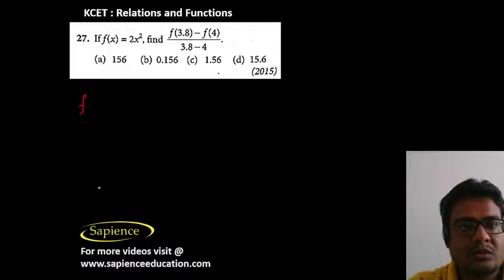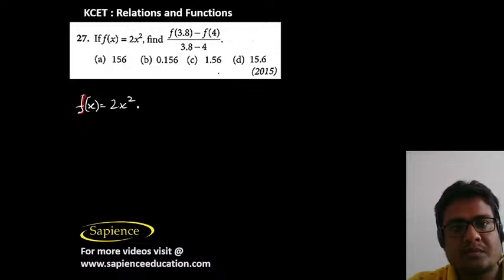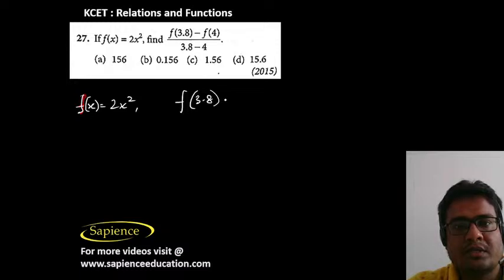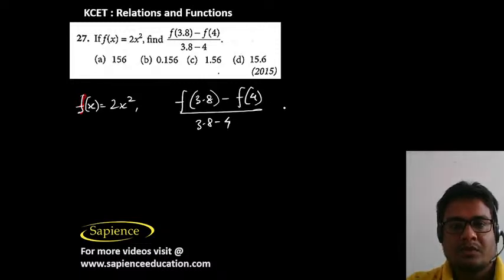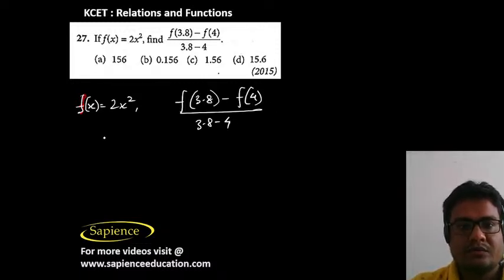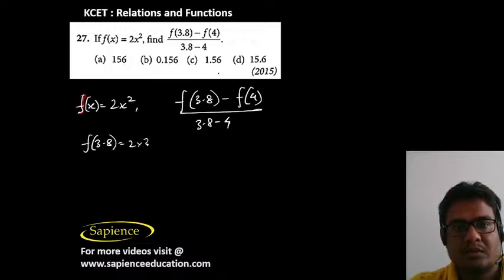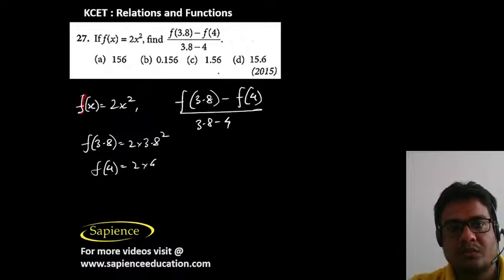Here it is told that the function f of x equals 2x square, and we have to find the value of f of 3.8 minus f of 4 by 3.8 minus 4. So f of 3.8 would be 2 into 3.8 square, and f of 4 would be equal to 2 into 4 square.